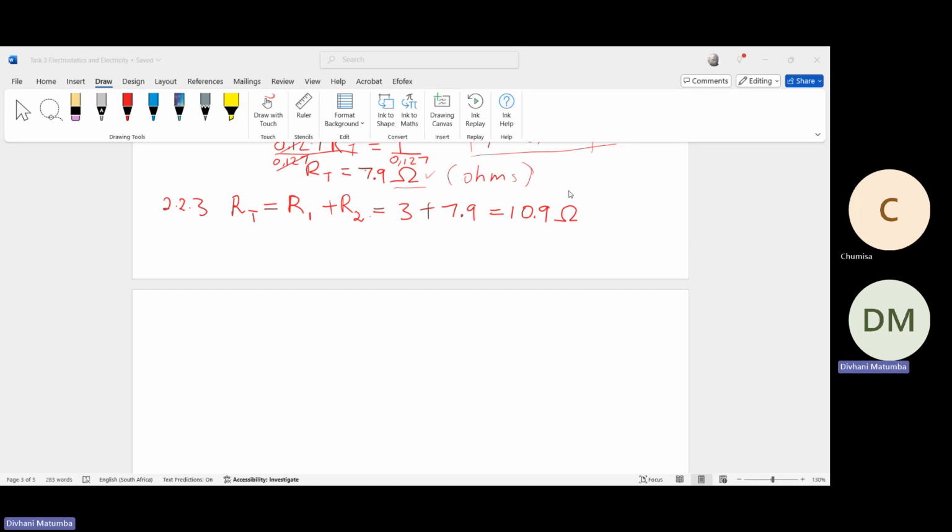And last week I said that if you have a complex circuit, with a number of resistors, some in parallel and some in series, what is the first step of resolving that circuit? What is it that you must get rid of?